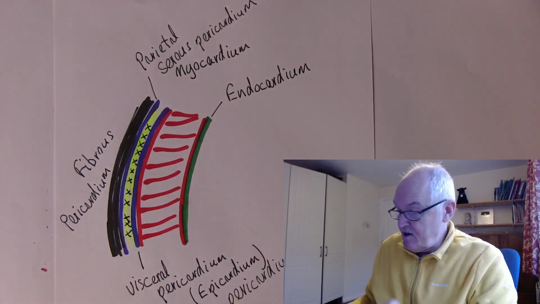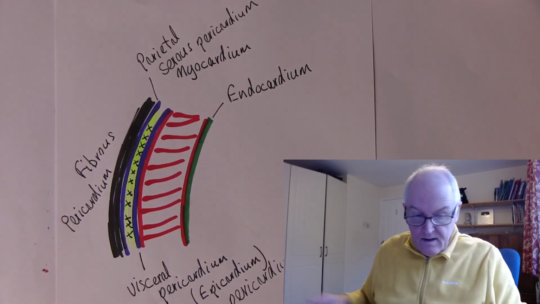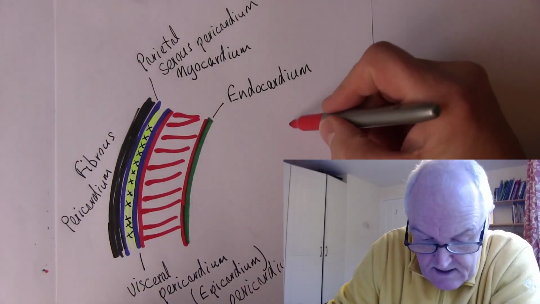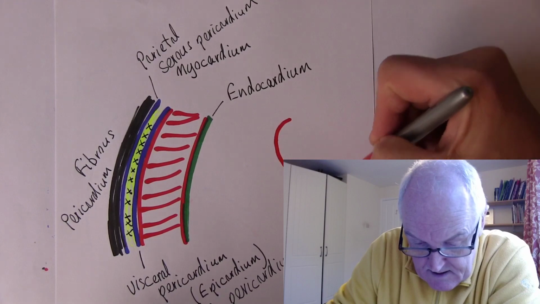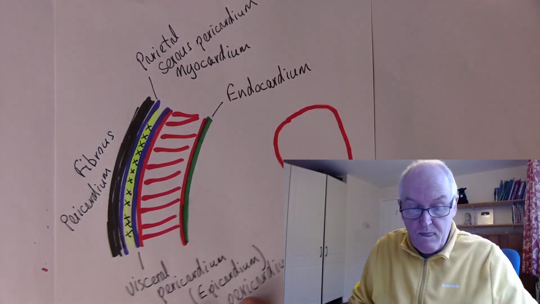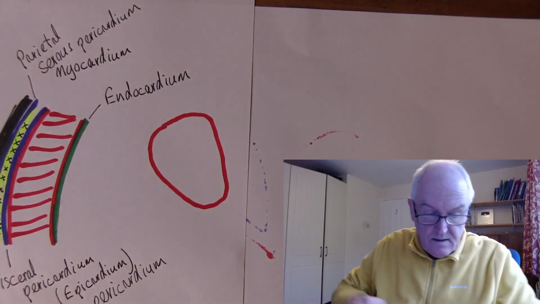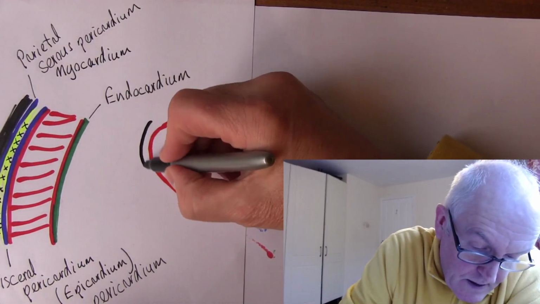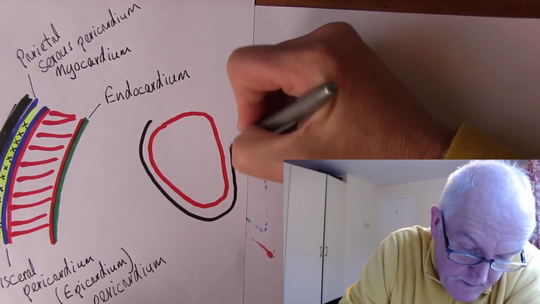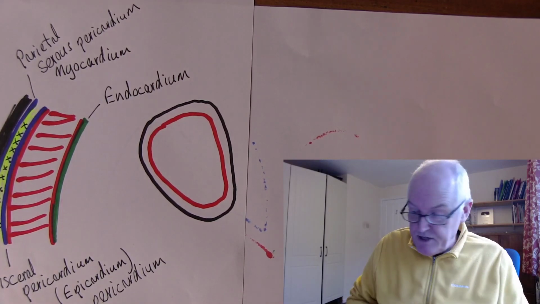Because the heart, imagine that this is the heart here, then the heart is completely surrounded by the pericardial sac like this. And the pericardial sac can only expand so much.